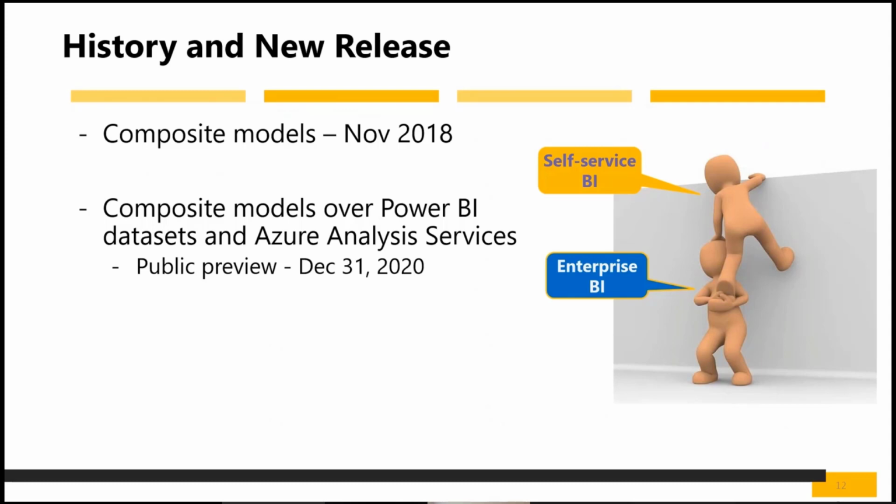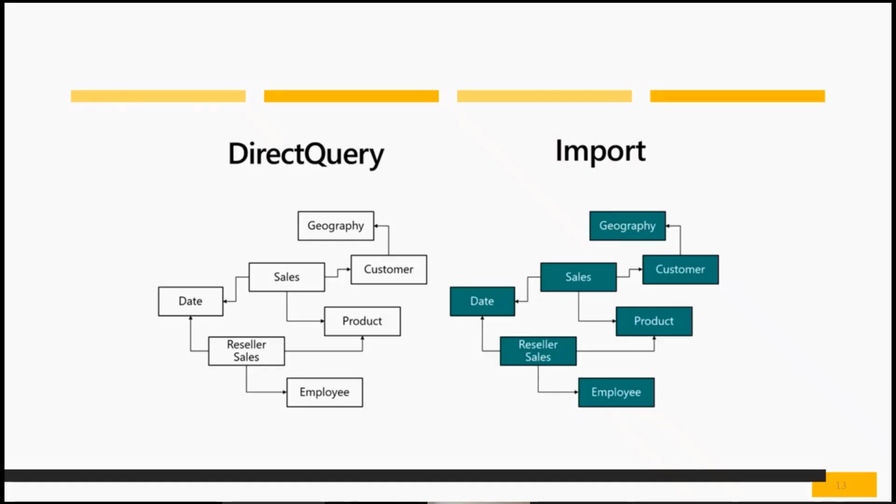So let me explain how the composite model works. Here you can see, assume that this is the same data model which is in a database. Here you can see the same structure.